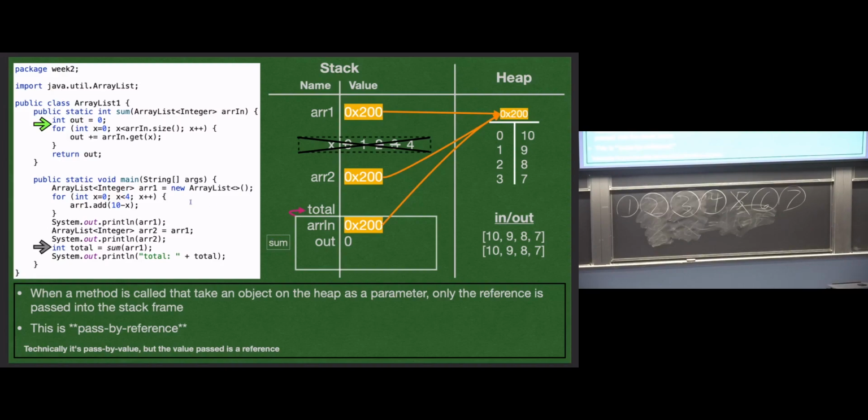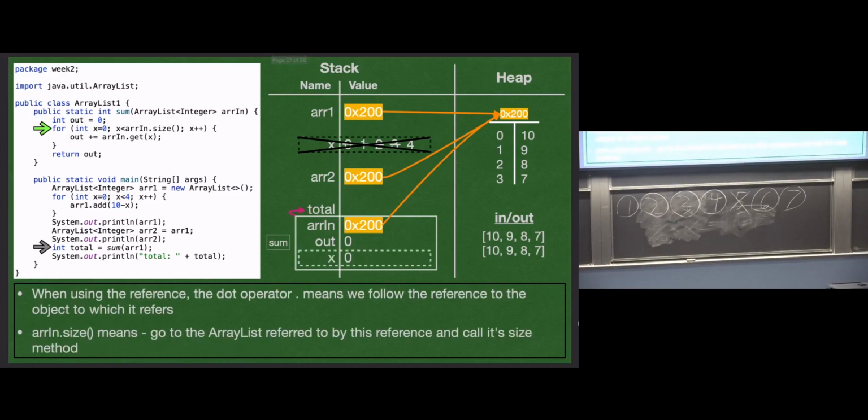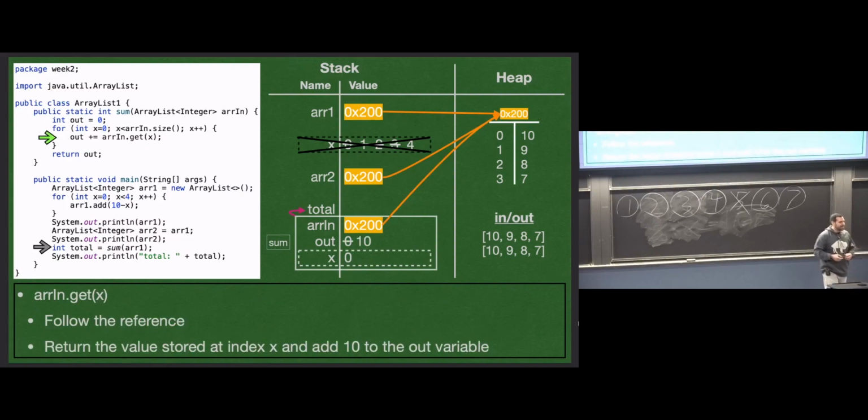In this case, we're just looping and summing up the values in Rn. Here we're using the dot operator to access the size method, calling size on the array list. That's going to return 4. And we're using rn.get, follow the reference, go to 0x200 on the heap, and call the get method to get each value.